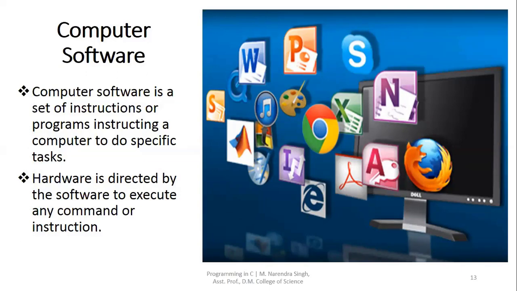So those things that we cannot touch, and which are a collection of our instructions or programs residing inside the computer, are computer software. And we use our computer hardware with the help of computer software. Without computer software, computer hardware is a useless piece of object. With the help of computer software, we are able to utilize the capabilities of a computing system.